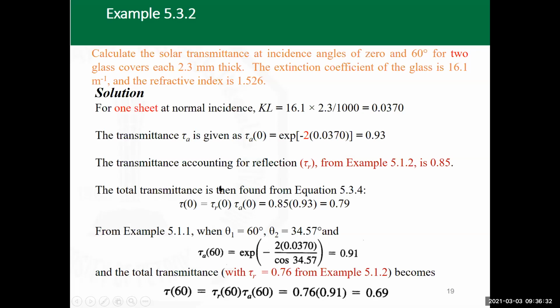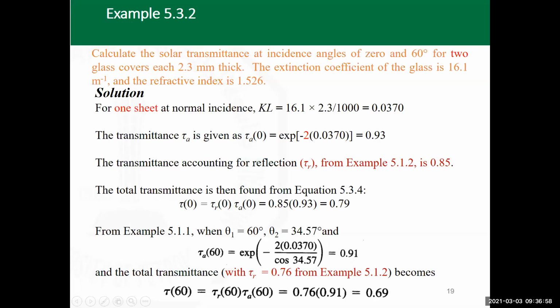The transmittance accounting for reflection, tau r, from the previous example has been taken as 0.85. Accordingly, the total transmittance can be calculated according to the simplified form in equation 5.3 as 0.79. And we have taken tau A at 60 degrees from example 5.11, where the value is 0.91.